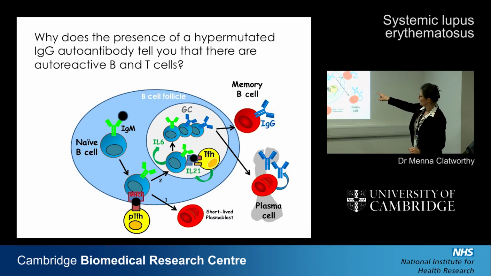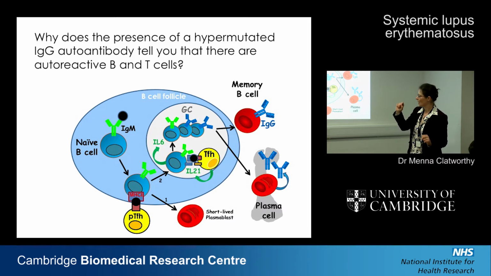So if a B cell has got its antigen, presenting it, and it's getting help from T cells, two things happen to it. One, it class switches. It changes from expressing an IgM to expressing an IgG. So do you see why we can conclude, if we see IgG autoantibodies, that that autoreactive B cell must have had help from an autoreactive T cell that was recognising the same antigen.